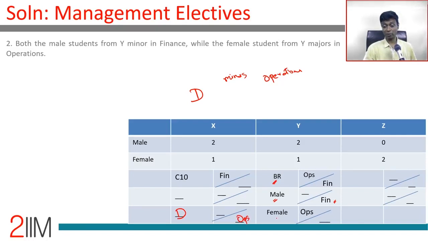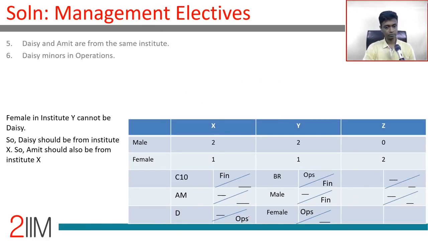This female cannot be Daisy because Daisy cannot major and minor in the same subject. That we know. We know this is B and C. So Daisy has to be here and minoring in ops. So Daisy here, minoring in ops.